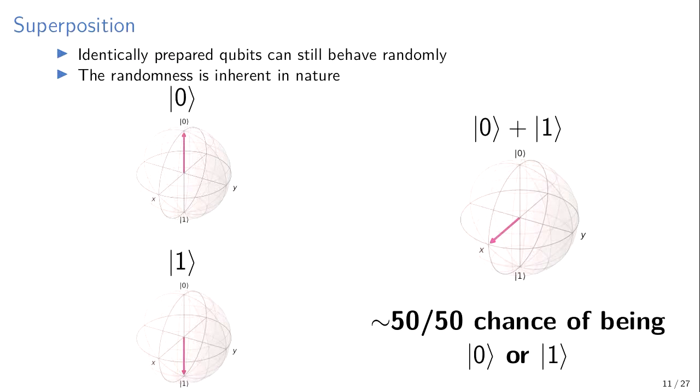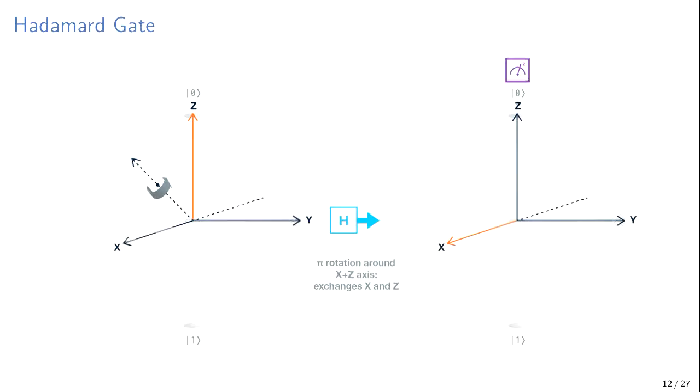So for example, if we put a qubit at the state there, where the vector is pointing at a +1 on the x-axis, and not any vertical along the z, when you measure this qubit, it'll have a 50-50 chance of being either a 0 or a 1, because you measure along the z-axis, and it'll either collapse up or collapse down, and you'll either get a 0 or a 1. And the gate for putting something in superposition is called the Hadamard gate.